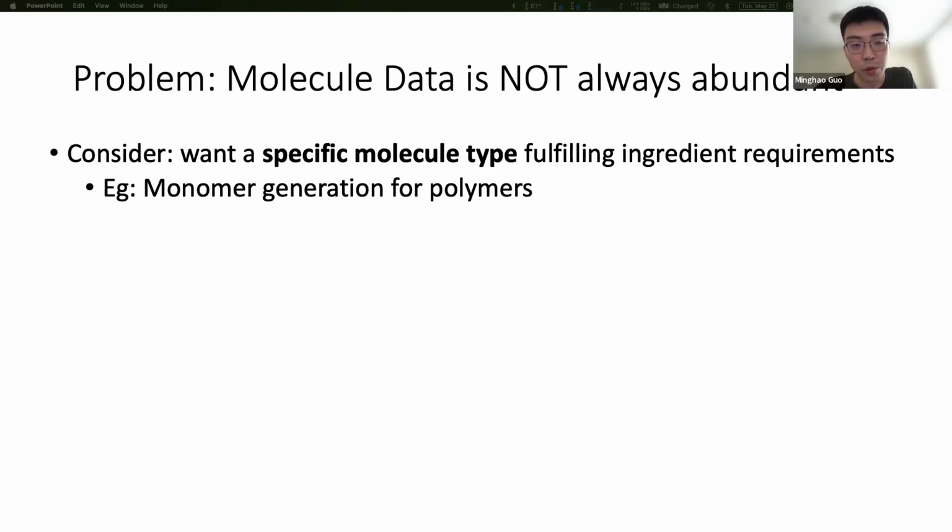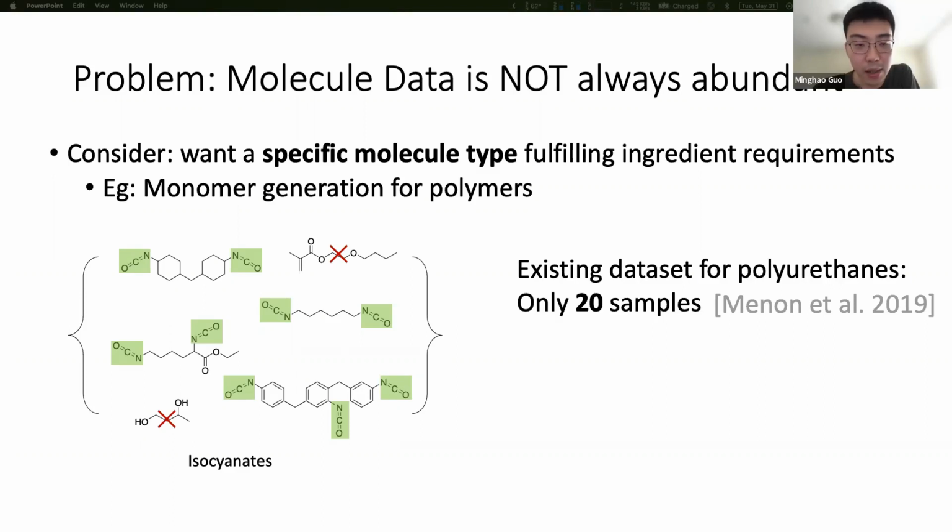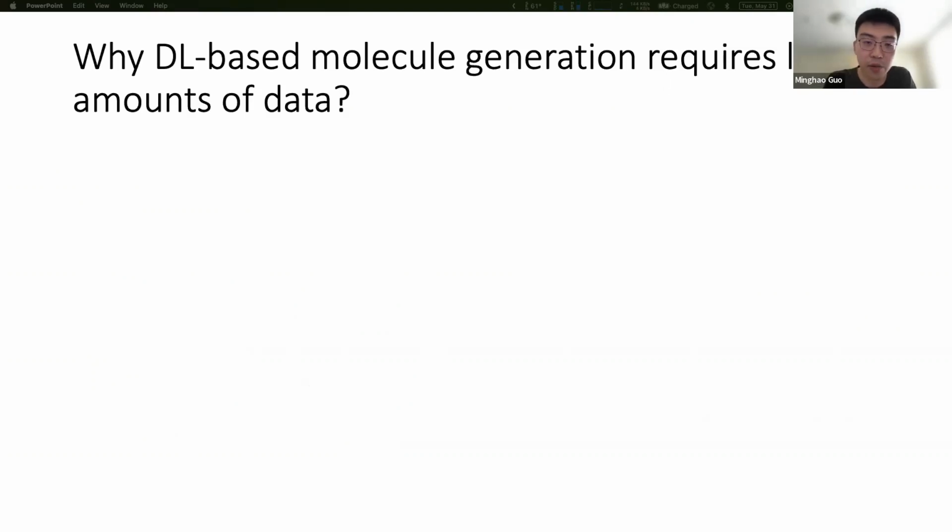For example, we want to only generate a certain type of monomer for polymer synthesis, such as isocyanates to synthesize polyurethane. A real data set from a very recent paper on polyurethane property prediction only consists of 20 samples, and it is impossible to train or fine tune any deep learning based networks. So to address this problem, we need to first investigate why deep learning based molecule generation requires huge data sets.